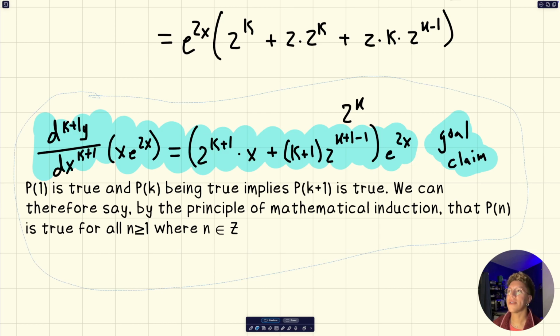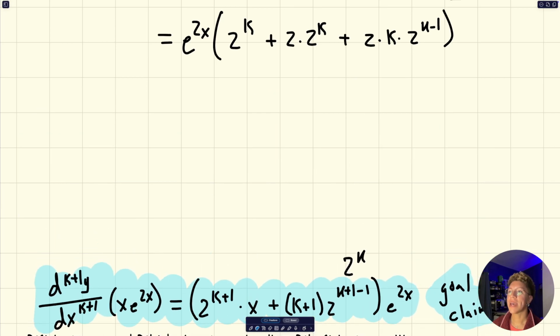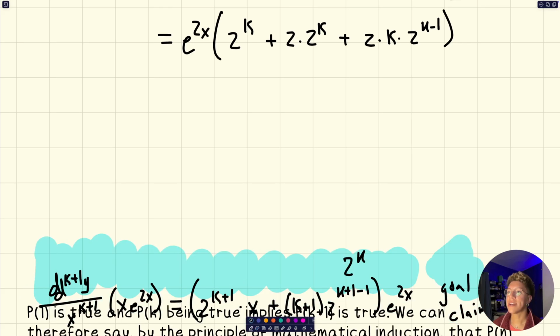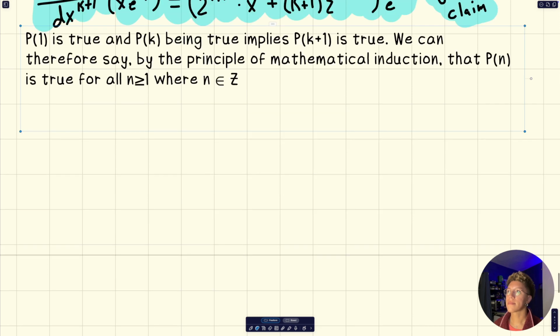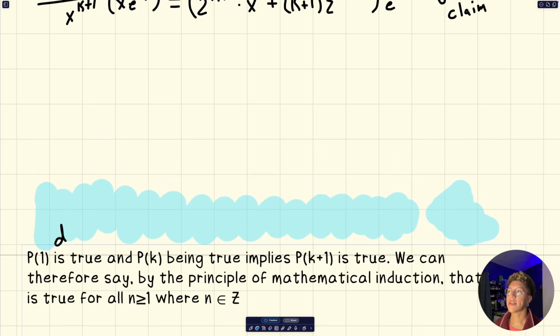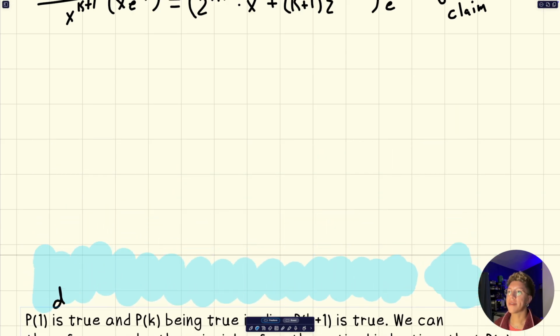So taking our goal, moving it out of the way, we can see here, ooh, that's not good. We're going to need a new page for that. Oh well, okay.